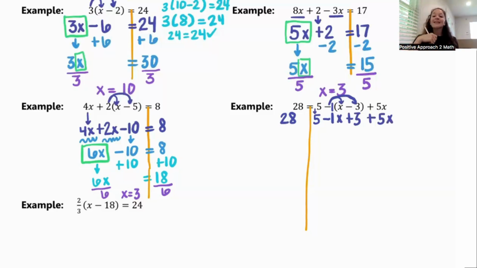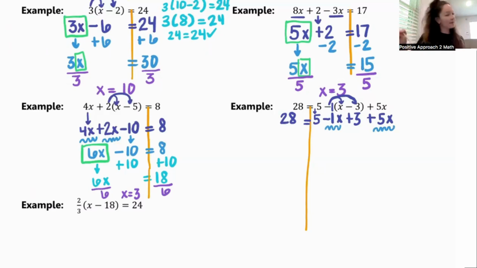Okay, let's look. Do we have any like terms on that right-hand side? And the answer is yes. And we have more than one set of like terms. We have our variable, -1x, and +5x, so we can combine them.